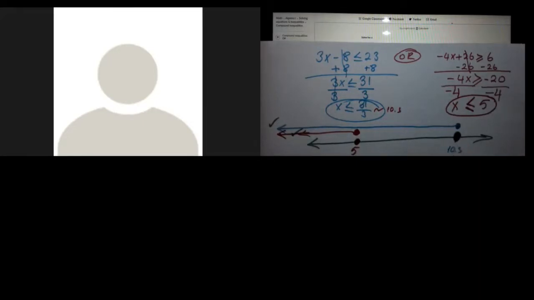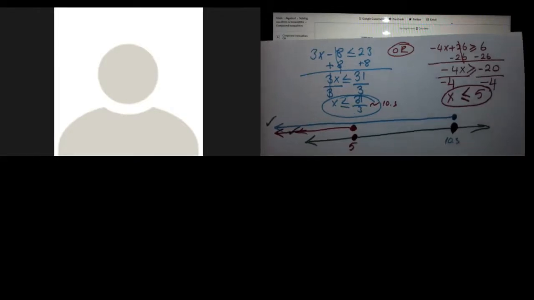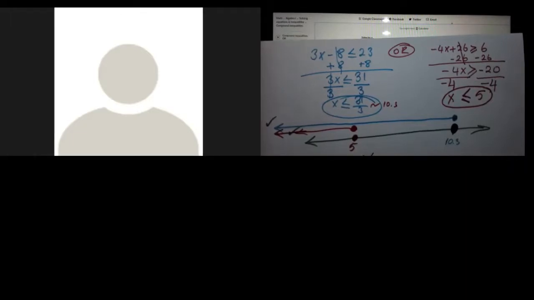The numbers less than 5 are already in the numbers less than 10.3. So my final answer would be x is less than or equal to 31 over 3, because I don't need to write two of the same things.